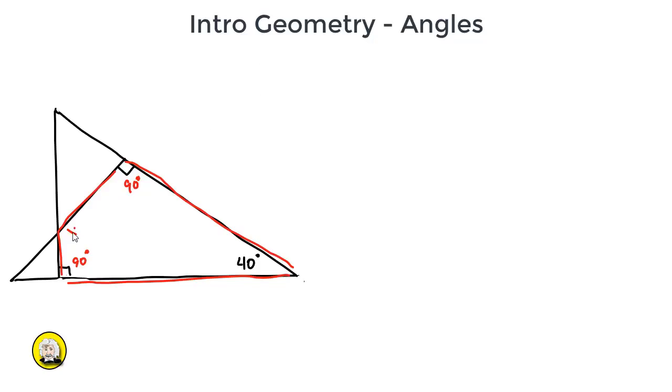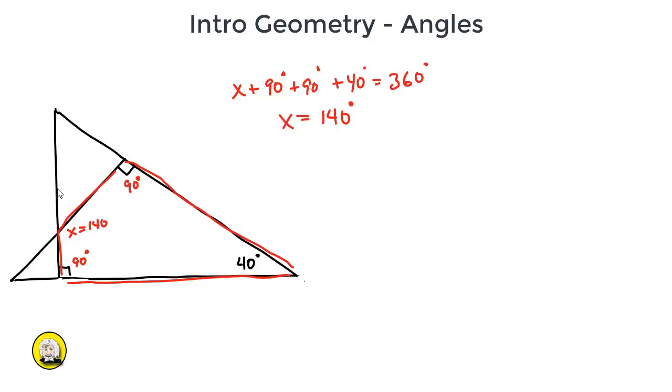So if I were to call that x, I know x plus 90 plus 90 plus 40 degrees equals 360 degrees, the sum of interior angles of a quadrilateral. So x in this case equals 360 minus 180, which is 180, minus 40 is 140 degrees. So x equals 140. What else can I fill out given that?